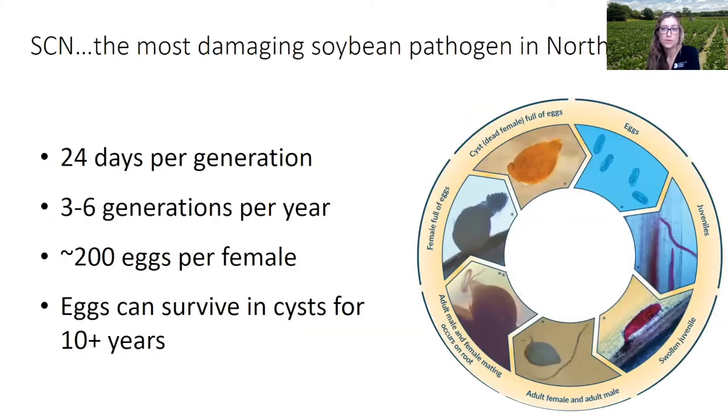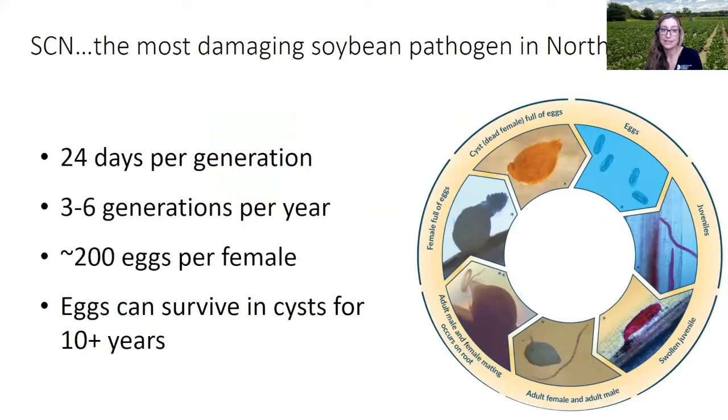Where I'll spend most of the time talking about today is on some of our work with soybean cyst nematode and nematodes in general for soybean management. And we talk of this because for the past many years, SCN consistently ranks as the most damaging soybean pathogen across North America. The reason for this is it can persist in the soil.